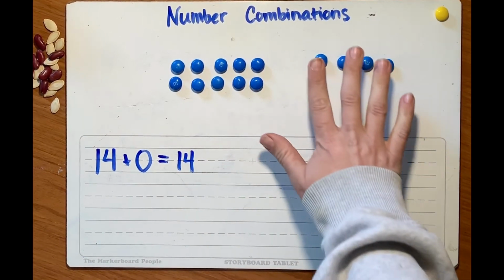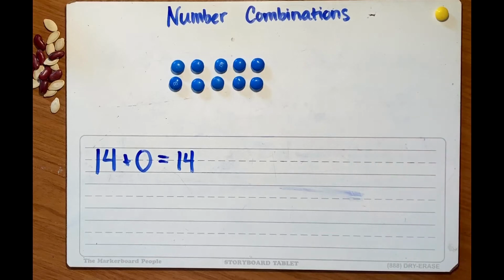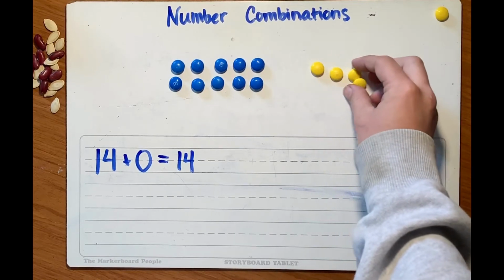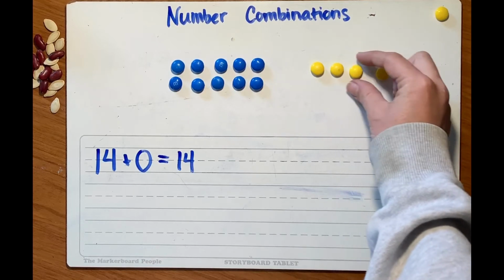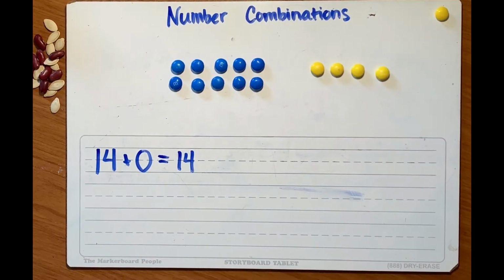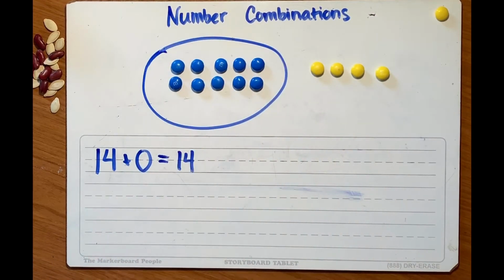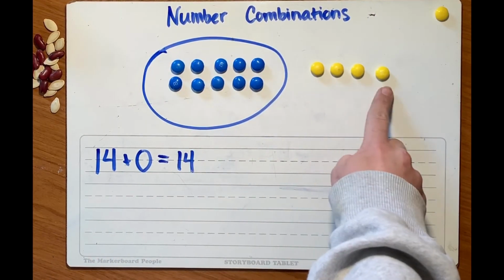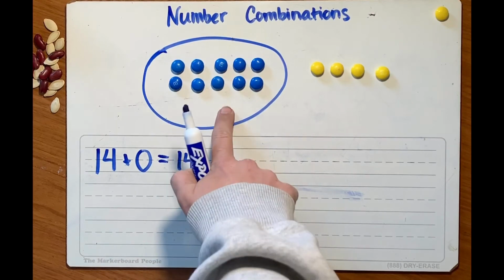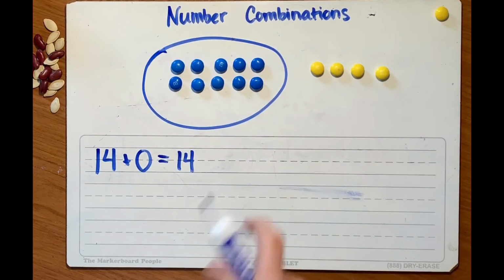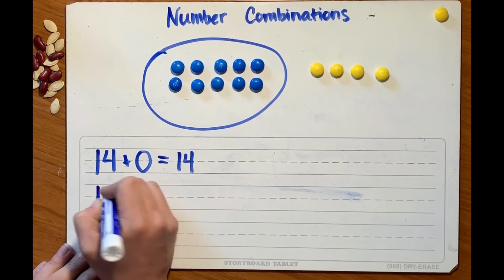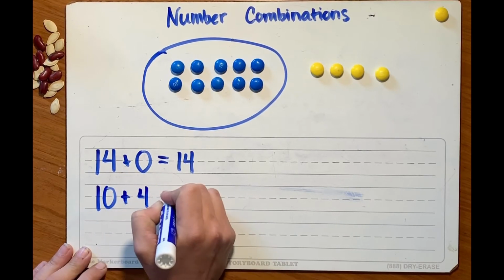Now what if I were to take away these 4 and add these 4? My combination would now be 10, 11, 12, 13, 14. We have 10 plus 4 equals 14.